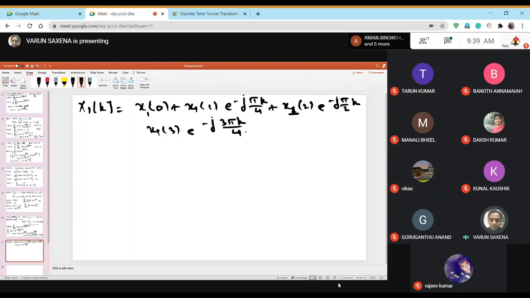Now it is easier to solve this. So X1[0] will be simply equal to this, since k is 0 everywhere, so this is going to be 4, straightforward.